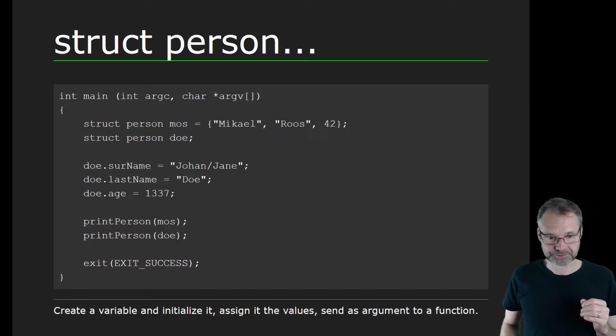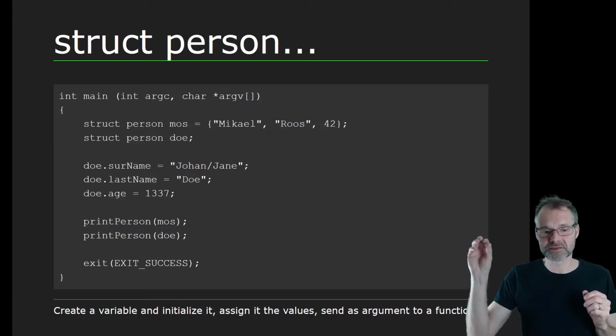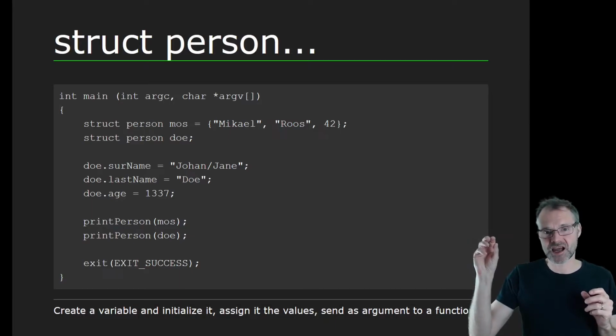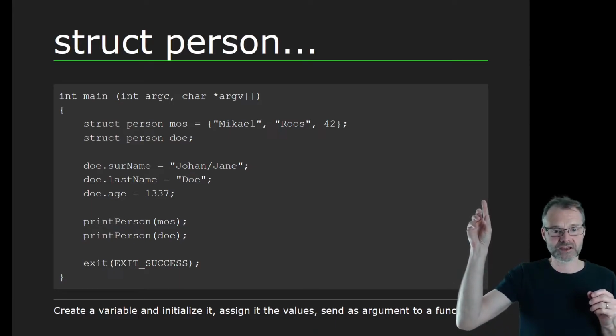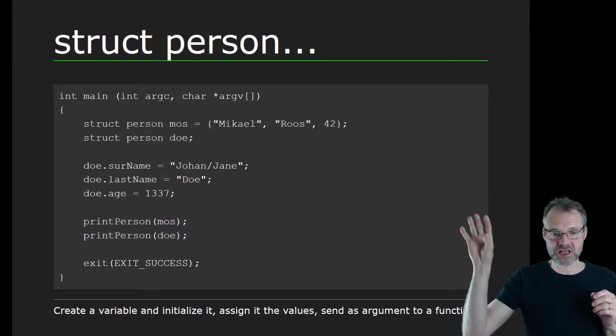It should then print it. Here I have an example program to see how it actually works. I'm creating two persons up there, a struct person moose and one doe.